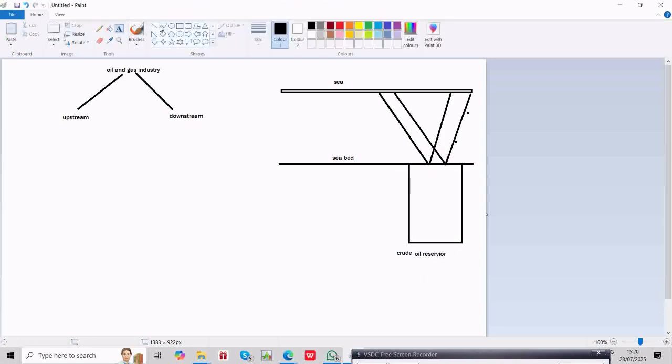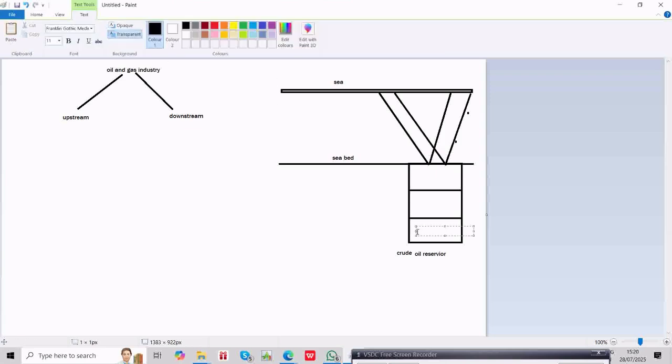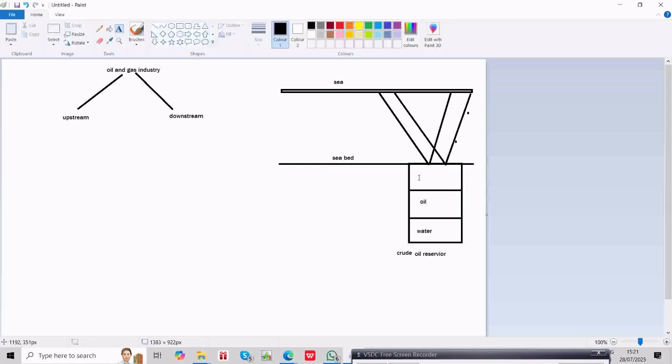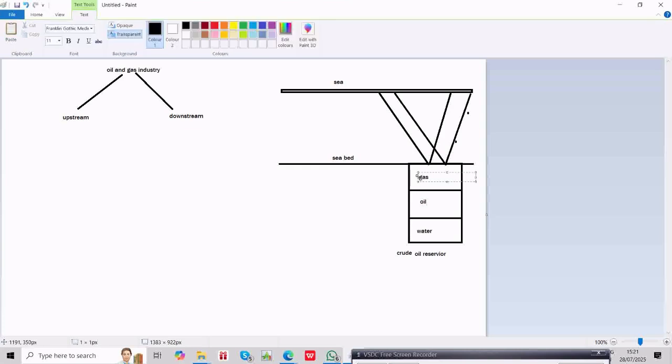Now this crude oil is placed in the form of three elements. At the bottom you have water, pure drinking water you can say. Then at the center you have oil, and at the top you have gas, your natural gas.